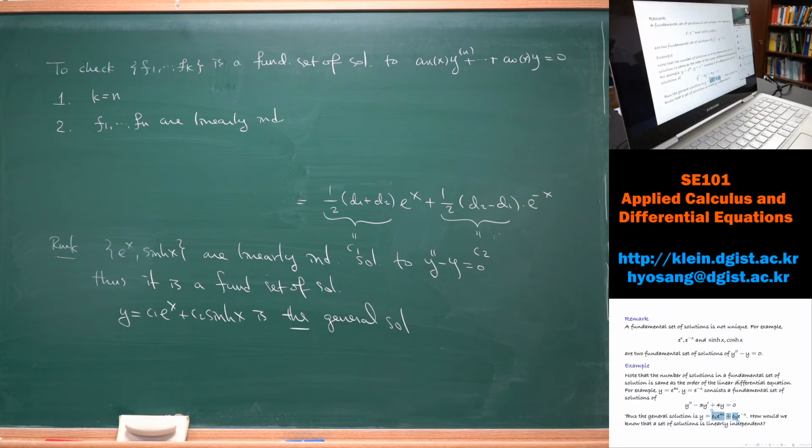So the question is, how do we know that a given set of solutions is linearly independent? So far we are always given the solutions, right? And we know by definition how to check whether these solutions are linearly dependent. Just set the linear sum of functions and check whether there are non-zero constants satisfying the linear sum equal to identically 0.